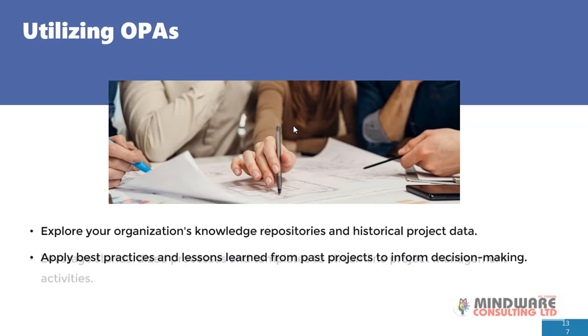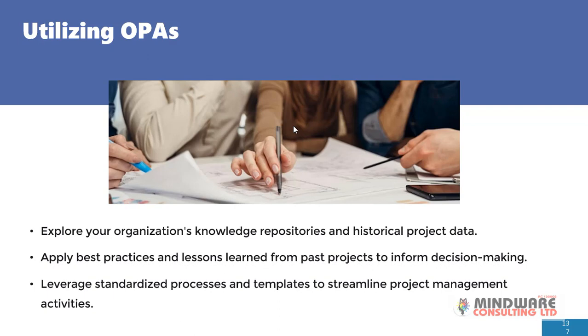And then lastly, leverage standardized processes and templates to streamline project management activities. So what are those standardized processes and templates from the knowledge repository that you can actually use to streamline your project management activities?